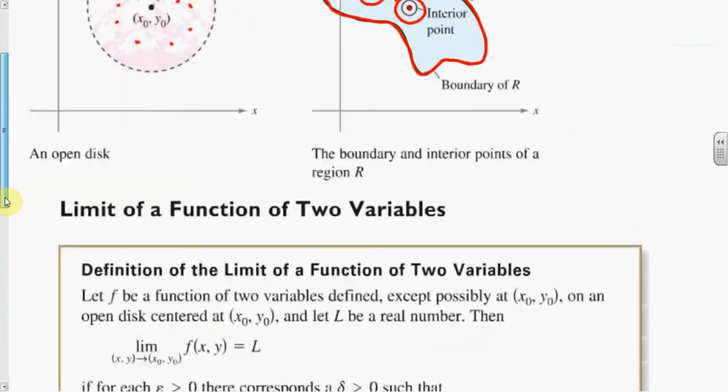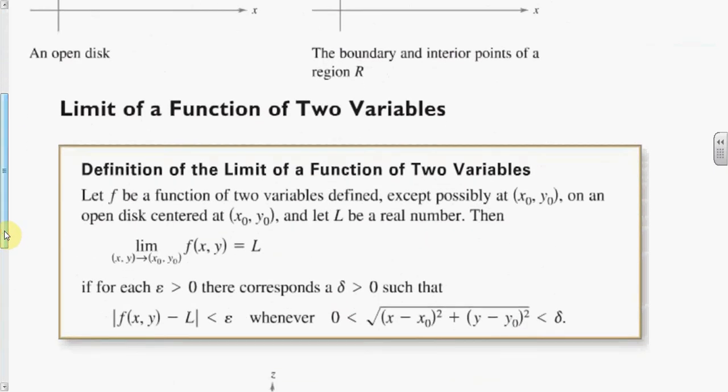So I digress. What about the limit? If you look at the definition here of the limit of a function that depends on two variables, it says, let f be a function of two variables defined, except possibly at x naught, y naught. It is okay that the function may not be defined at x naught, y naught, at that center point. But the function is defined in its neighborhood.